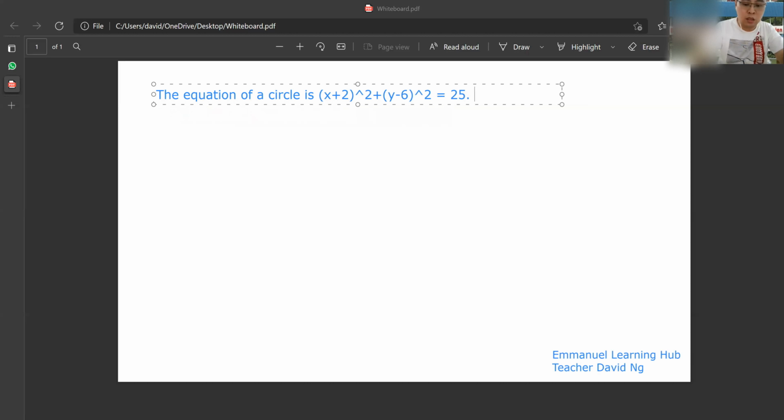Then point Q. The coordinates of point Q, let me see. Point Q, you want it to lie on the circle, because I'm scared I name a coordinate that is actually not on the circle. You know what I mean?